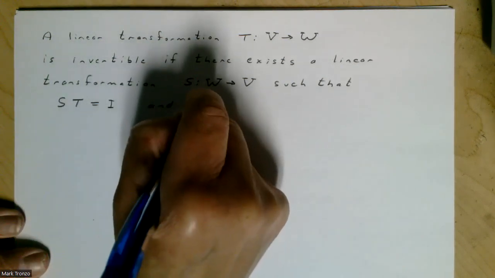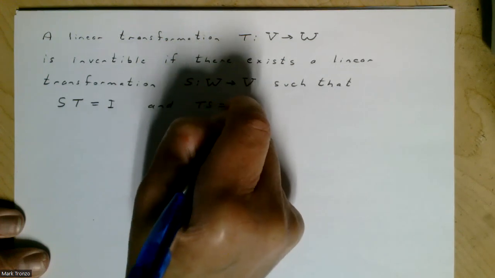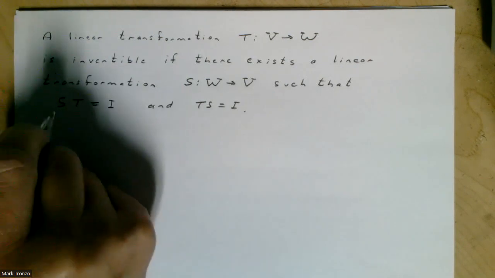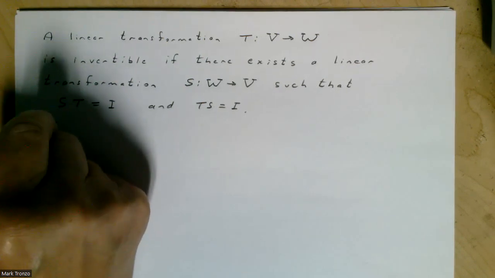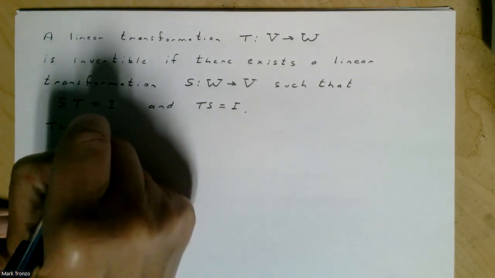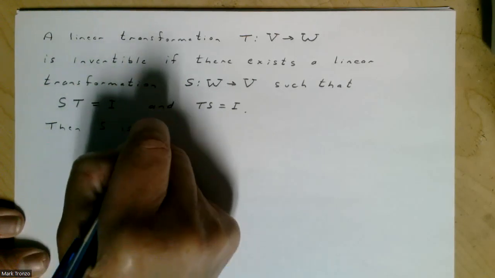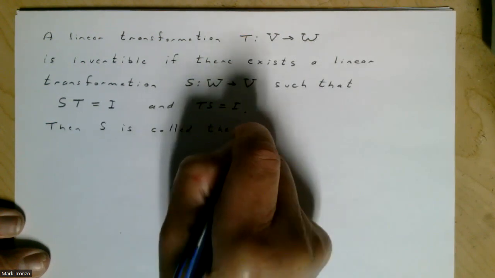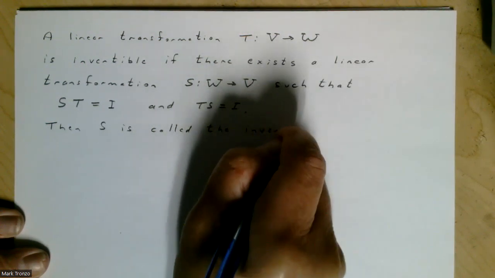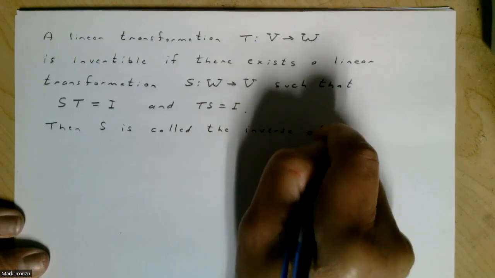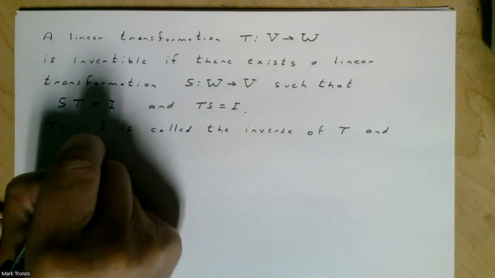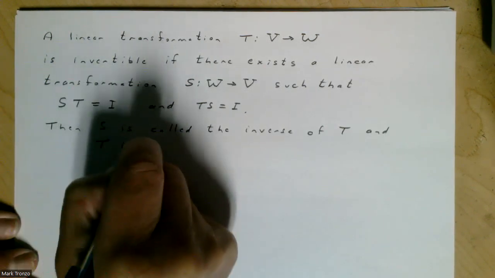And if you do S then T, you get the identity. And so if this happens to be true, then S is called the inverse of T. And T is called the inverse of S.